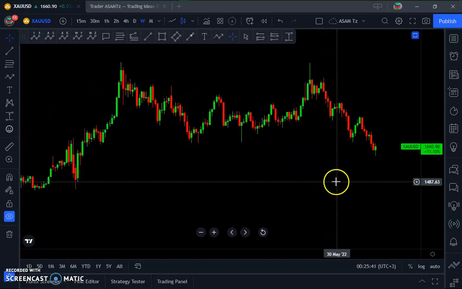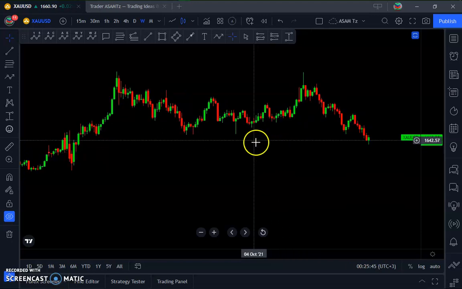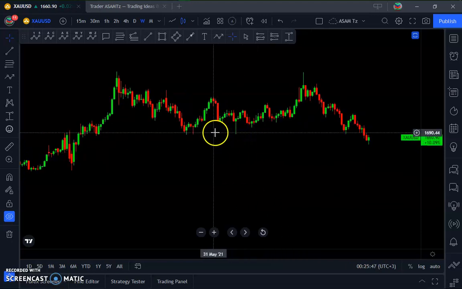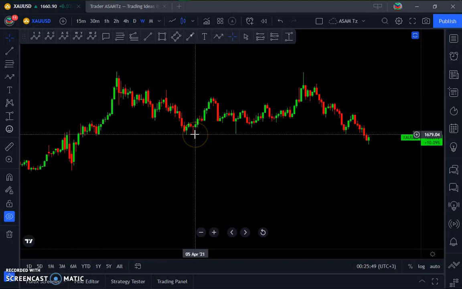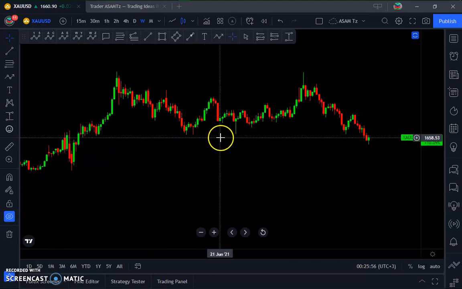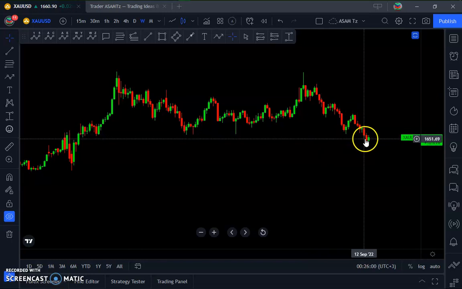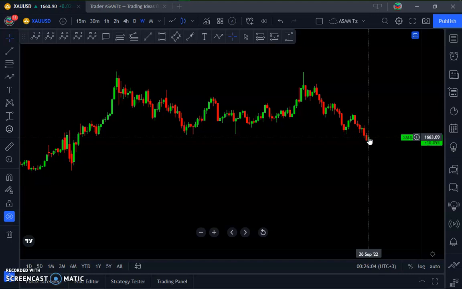When we look at the weekly time frame, we can create a weekly level that has been supporting prices several times. Now the candle has broken the level, and the current week's candle has been retesting that broken level.